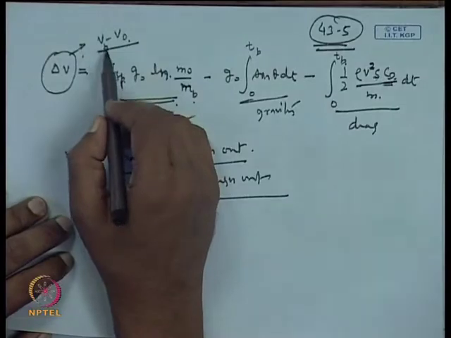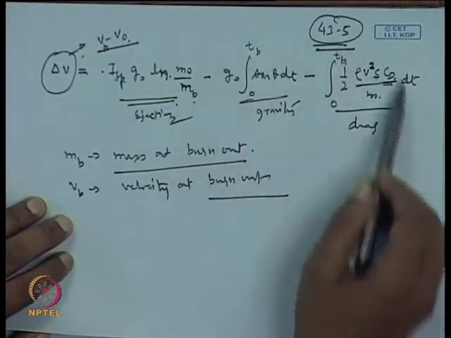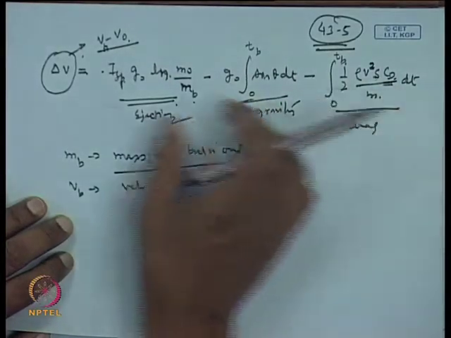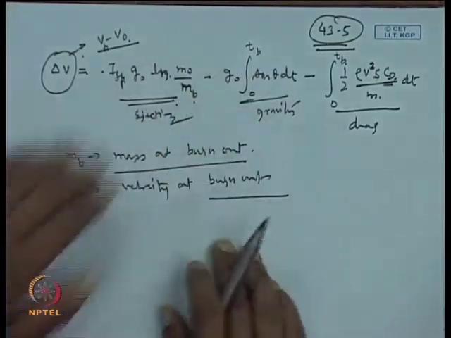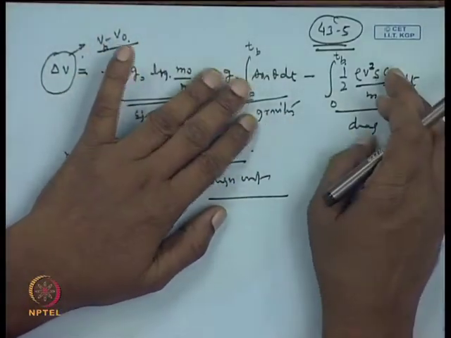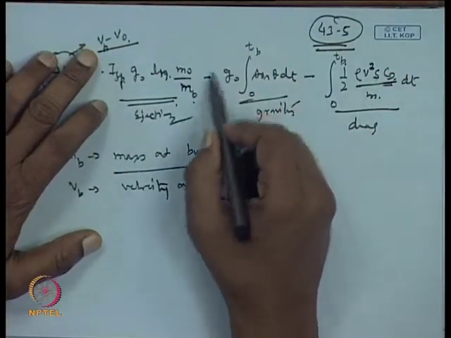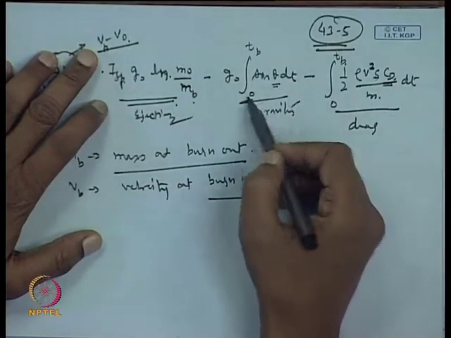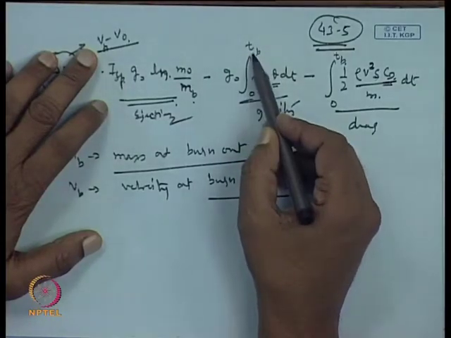Now, for delta V b to be maximum, what is required is that these two quantities should be minimum, okay, because they are subtracting from a positive quantity which is present here. Okay. So, the smaller the value of this, the larger will be the change in velocity. This quantity will be minimum, as we can see from here, if theta equals 0, or either the time of flight 0 to T b becomes small.